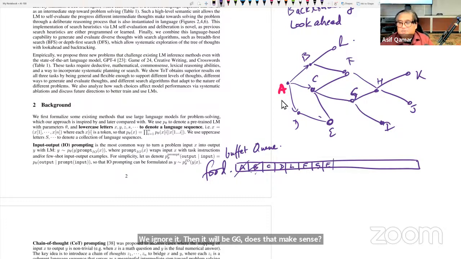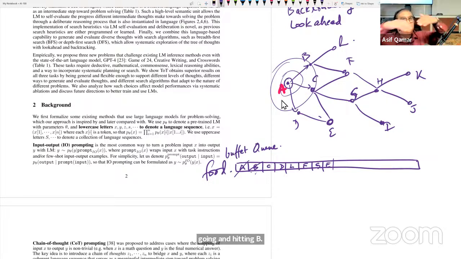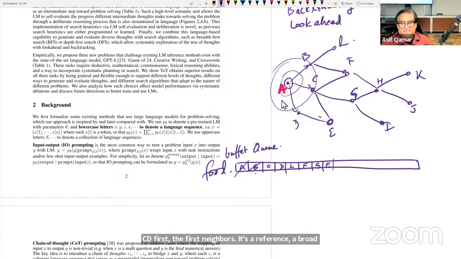The way to see it is that it's breadth first search. It's like a ripple going out. Imagine you have dropped a pebble in a lake at A. The pebble is hitting B, C, D first, the first neighbors. It's a broad wavefront. Then what is the next thing that happened?